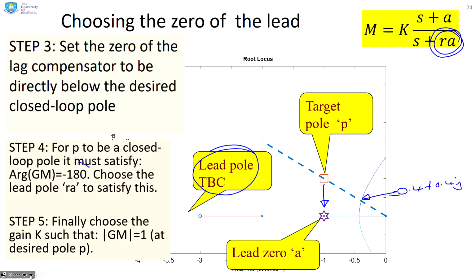We say we've got to satisfy that the argument of GM equals minus 180 at this position here. So we substitute P into GM and basically say what will R be to satisfy that criteria. Once we've done that, we then find K such that modulus of GM equals 1 at the desired pole P.